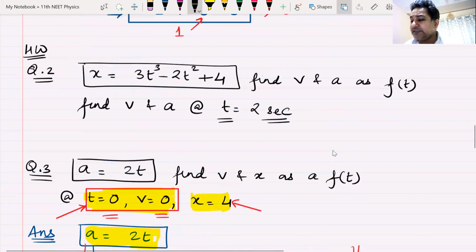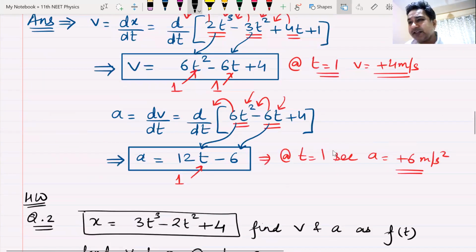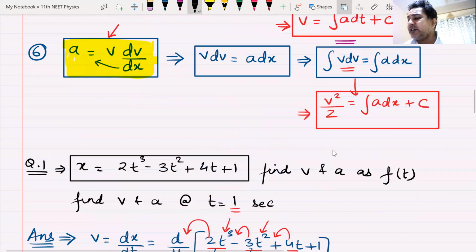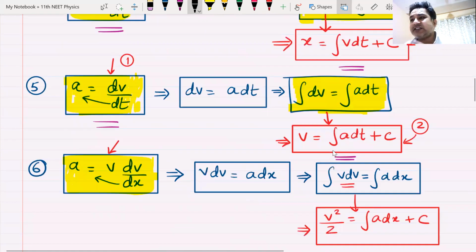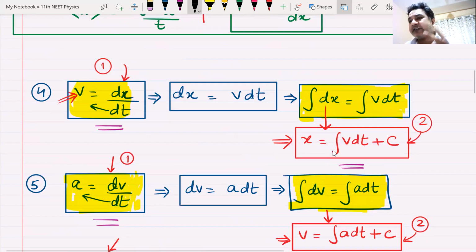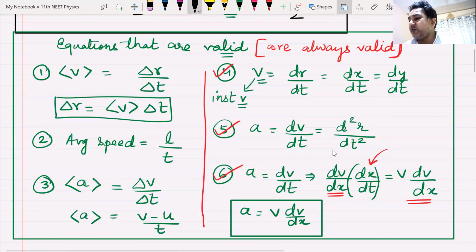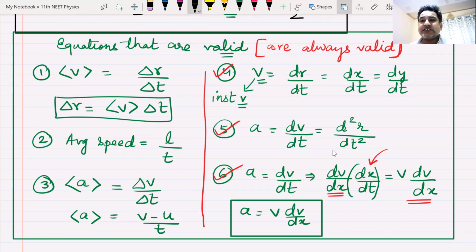This last class was a complete revision of your entire chapter, starting from velocity, the rate of change of position with time. Average velocity is total displacement divided by total time. Instantaneous acceleration is the rate of change of velocity with time. Average acceleration is total change in velocity divided by total time.